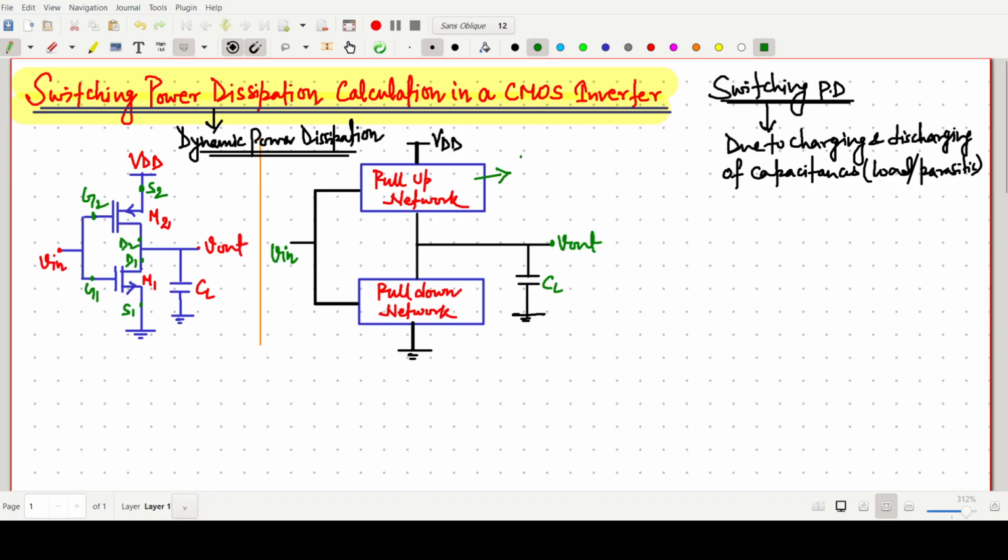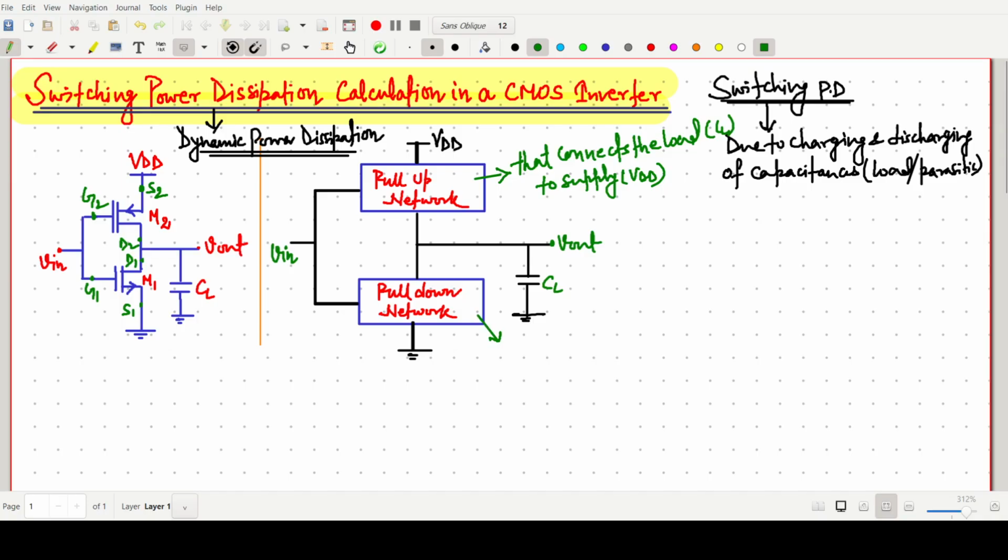The pull-up network is simply a network that connects the load to the supply. That is our load CL, and the supply is VDD. This is the pull-up network that connects the load CL to the supply.